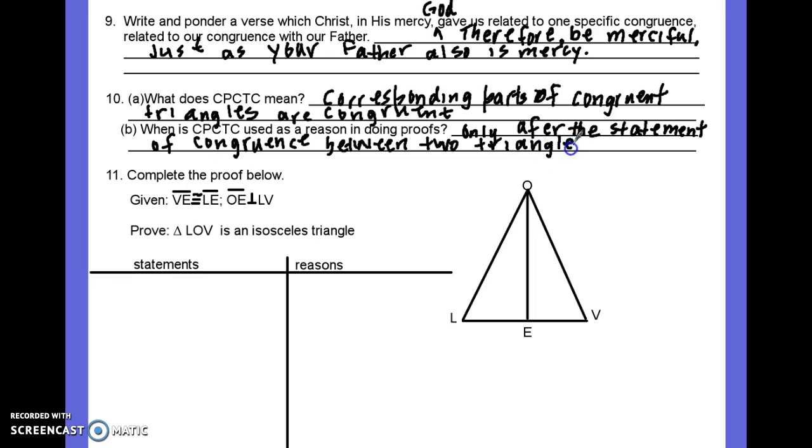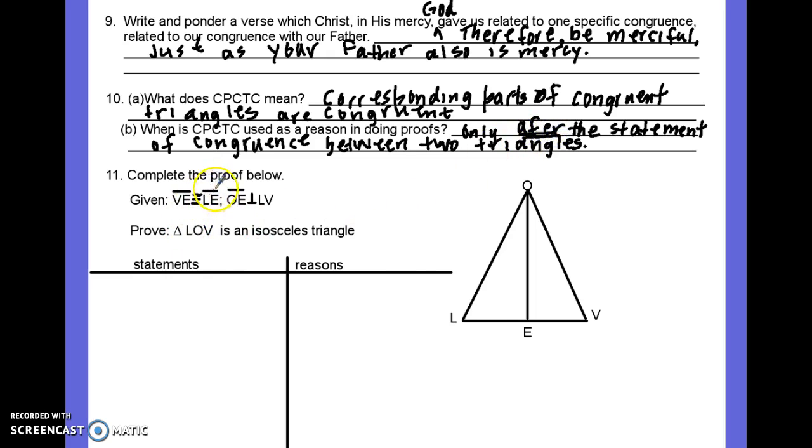So again, only after you've done that, then you can use CPCTC, not before. If you put CPCTC before the statement of congruence between two triangles, you're going to get it wrong. So only after. Okay, let me underscore that, after.